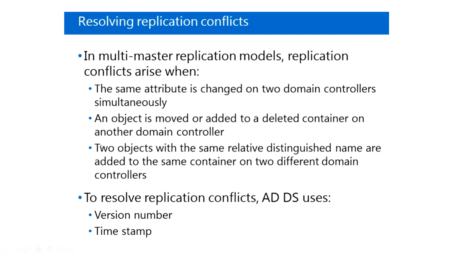And if two objects with the same relative distinguished name are added on different domain controllers, then the two domain controllers will raise a conflict issue. So to resolve the replication conflict, AD DS uses the version number and the timestamp whenever you make any changes to the attribute.